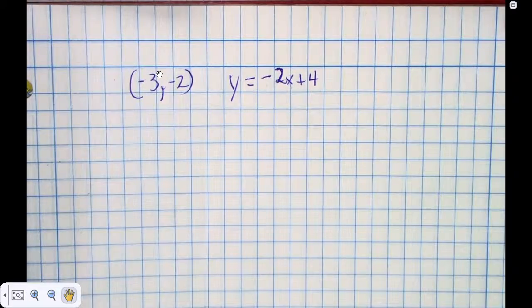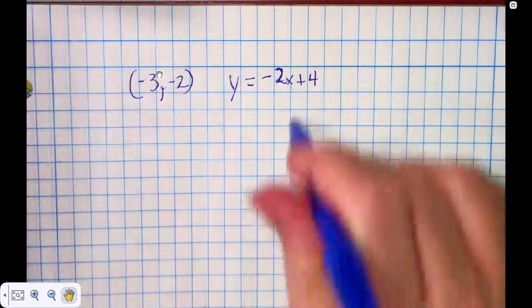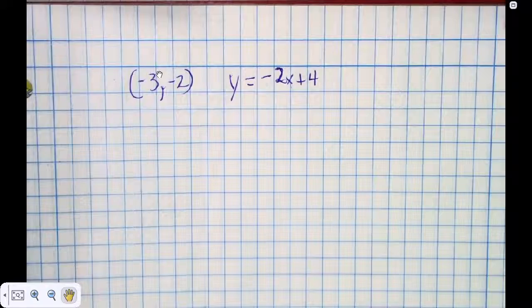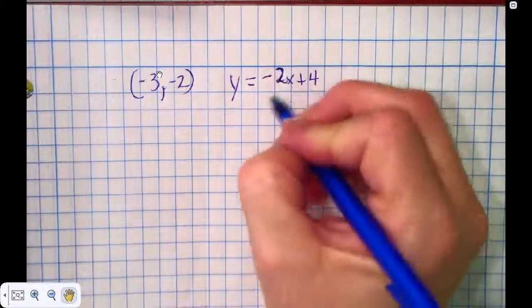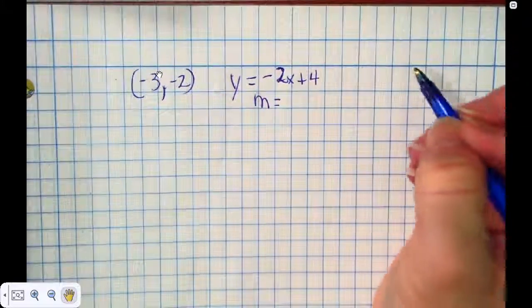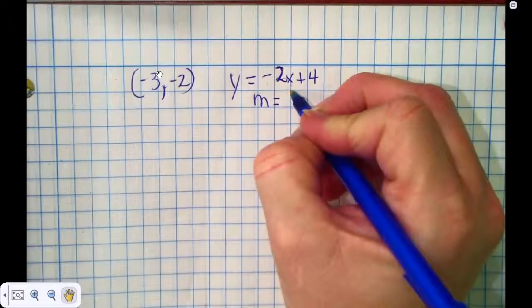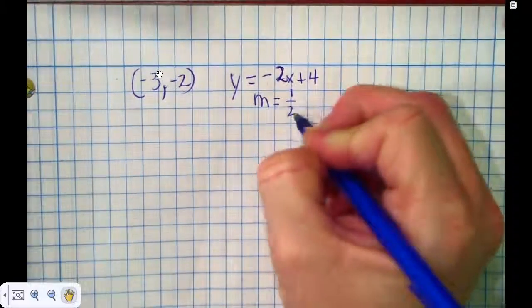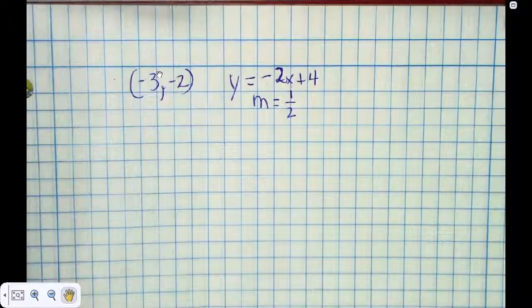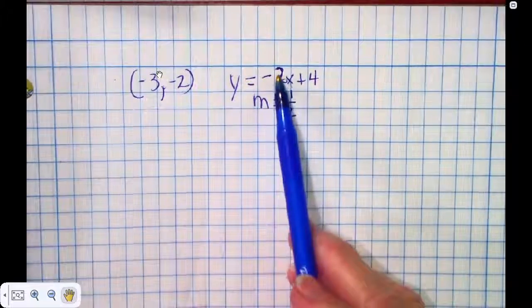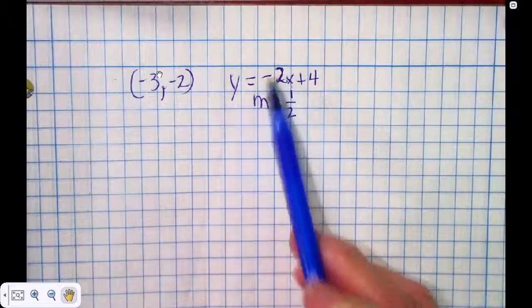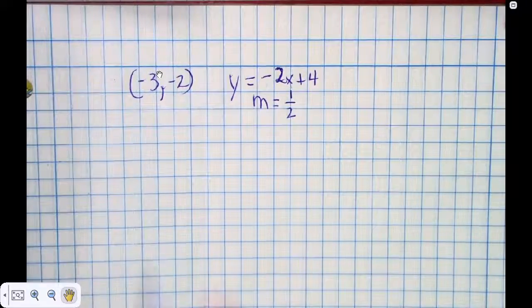I want a line that's perpendicular to that. So my slope is going to be, what? Say it again. +1/2. So you have to do the opposite reciprocal. And now you do the same thing we've been doing.